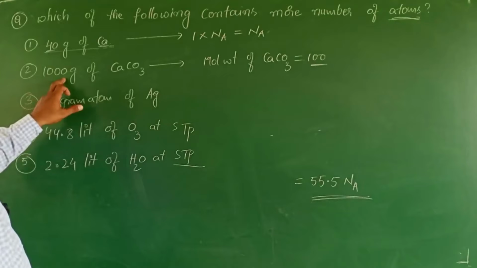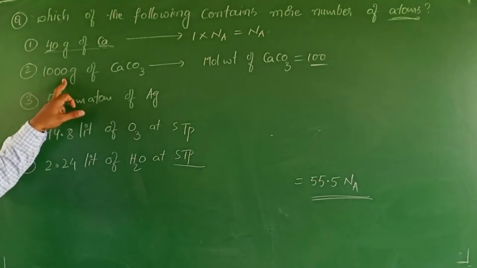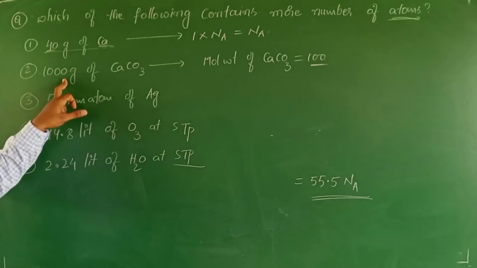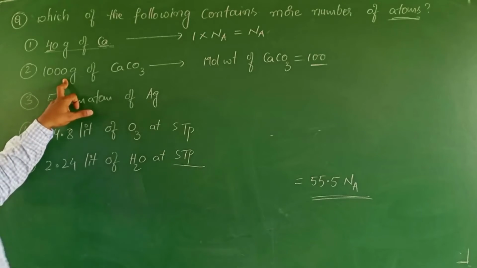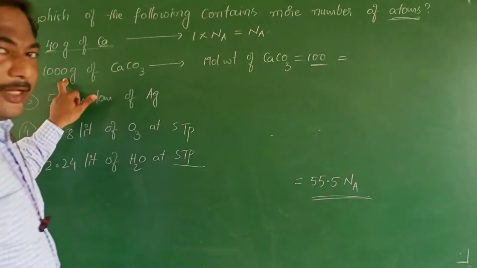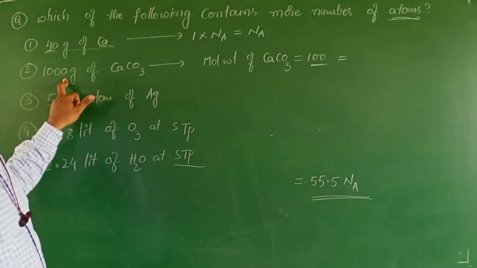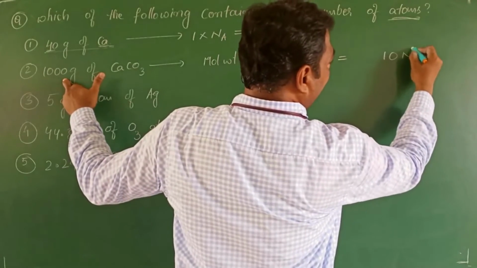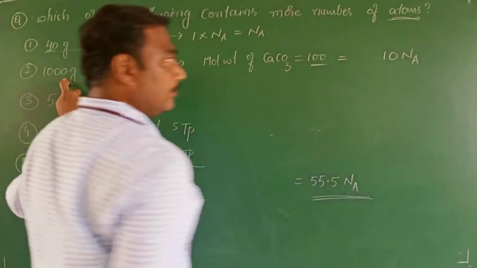Now, I have taken 1000 grams. 1000 grams means it is 10 times of its molecular weight. That means, in general, if I consider molecules, it will be 10 into Avogadro number of molecules.